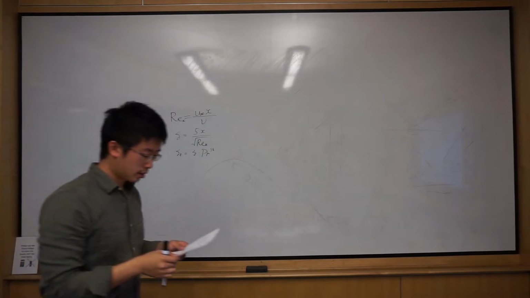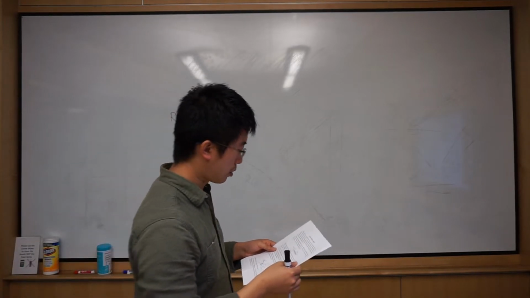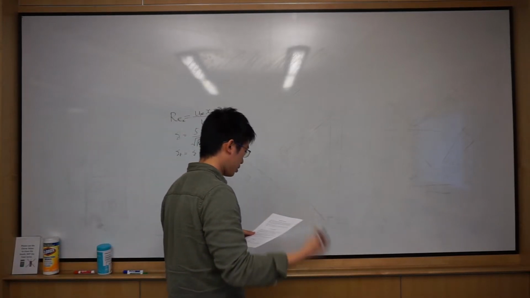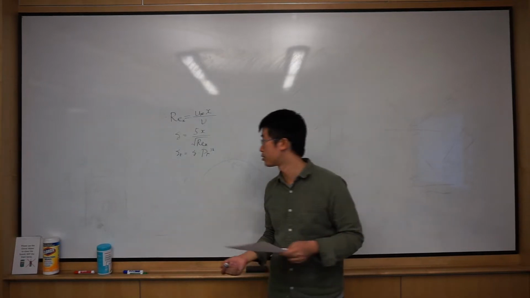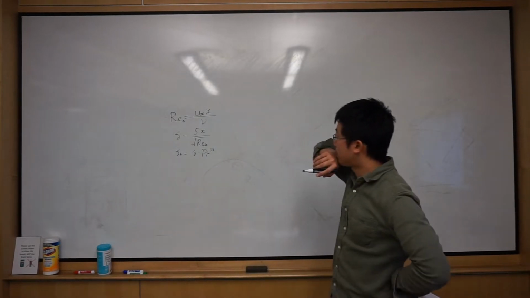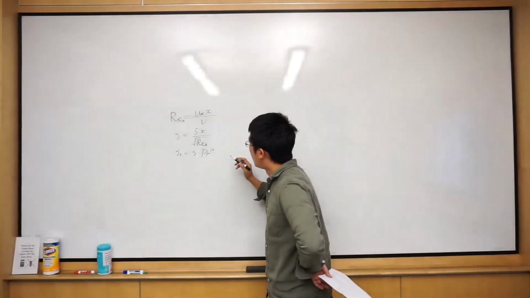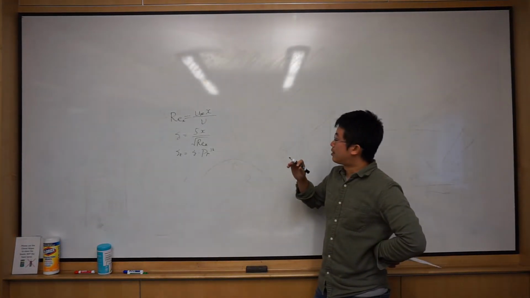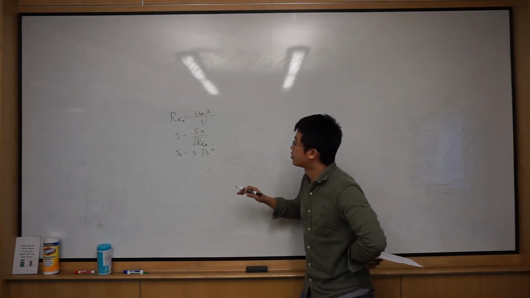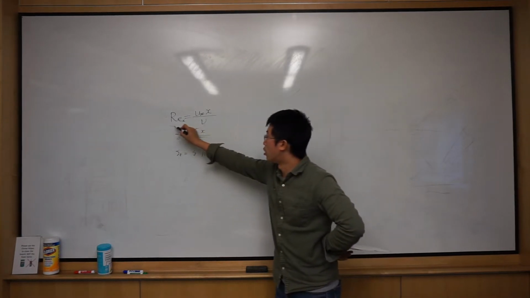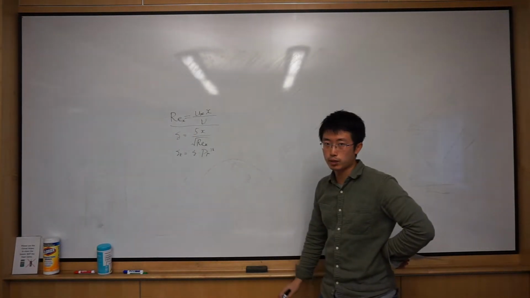That's it. Then the problem asks us to comment how heat transfer would compare for small and large objects. So basically the idea is, although we are not always dealing with a flat plate, the flow is still governed by this form of Reynolds number.